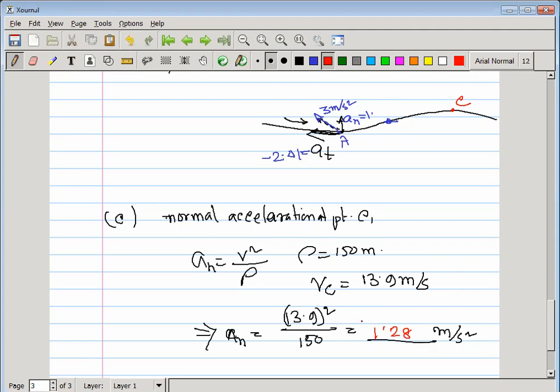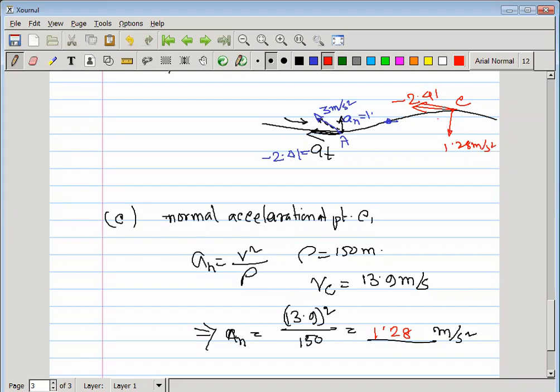As you know, along this path the tangential component is minus 2.41. It is the same all over the path, but the an value is changed here. So an is nothing but 1.28 meter per second square.